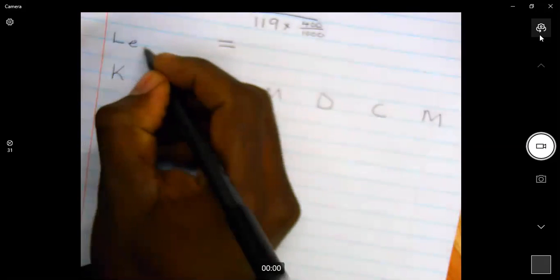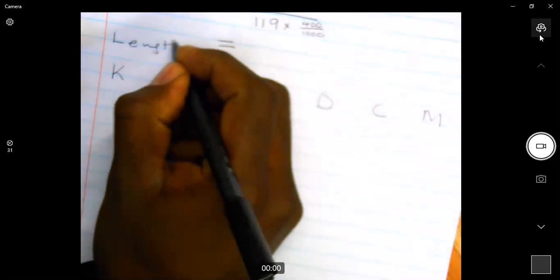So here we are talking about length. We've got length, area, and volume.